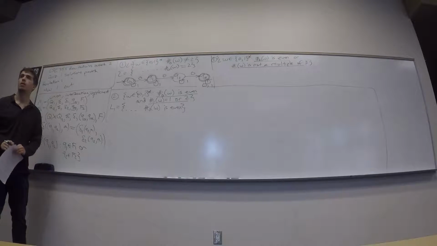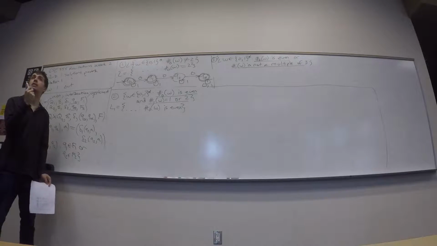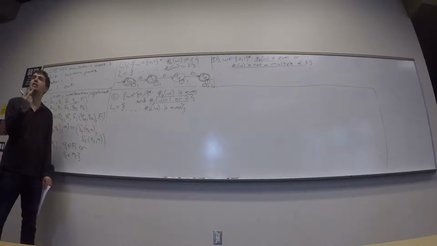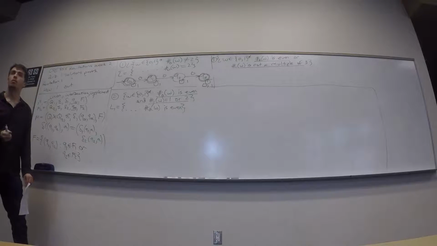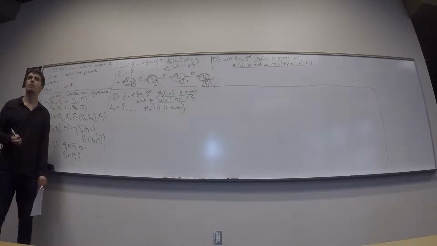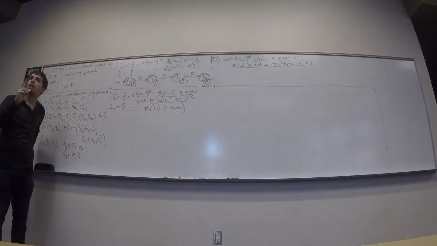If we've seen 0 zeros, does that count as even? The number of occurrences of the character 0 is even. So if it's the string 0, 0, then it's 2, which is even. What about the empty string? How many instances of the character 0 are in the empty string? 0, which is even.